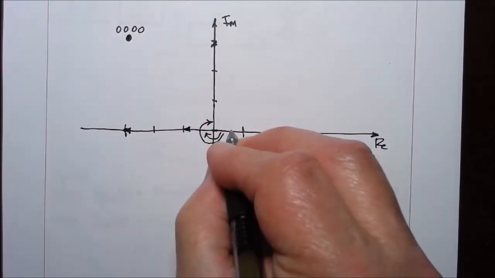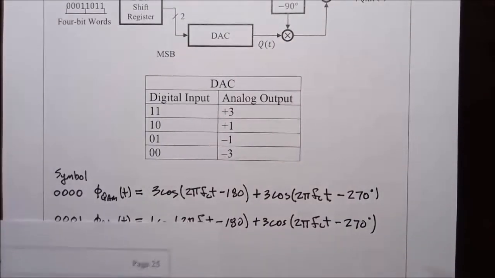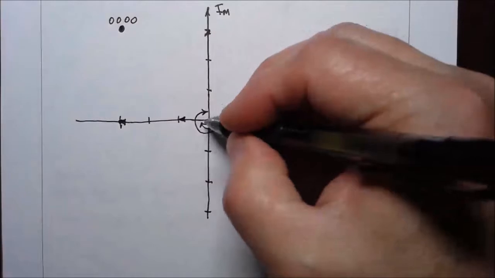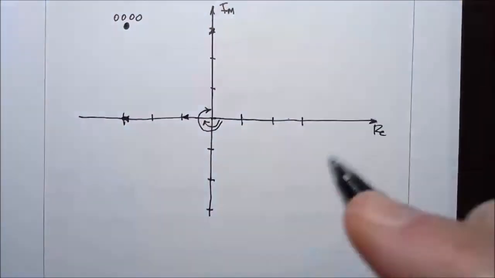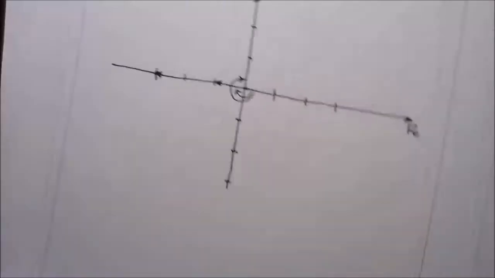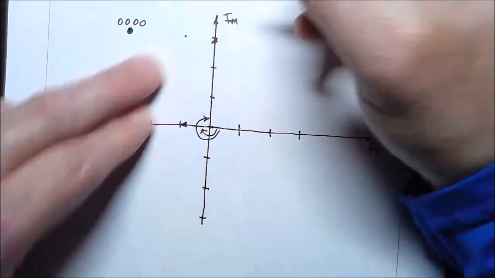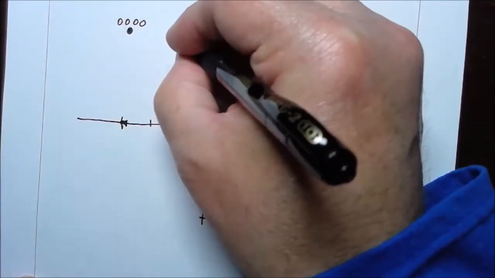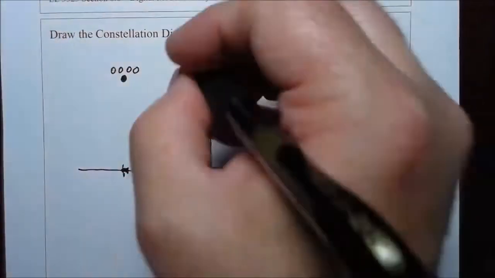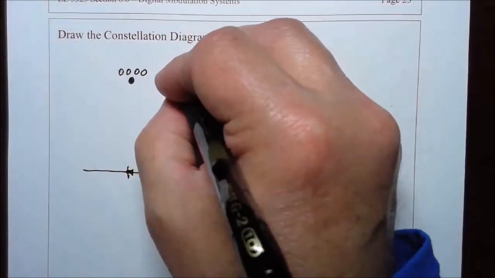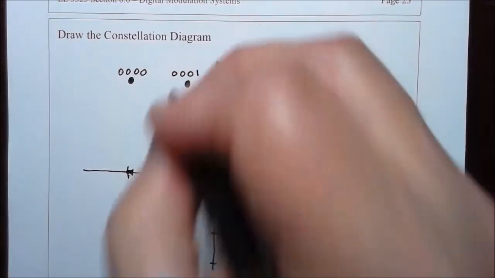This is 1 with an angle of minus 180 plus 3 with an angle of minus 270. So plus 3 with an angle of minus 270 gets us to, it looks like, this point right there. So this point in the constellation diagram is for 0, 0, 0, 1.